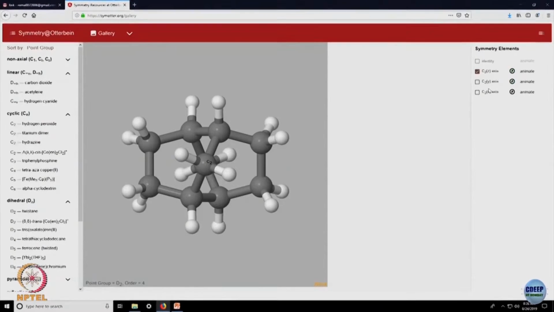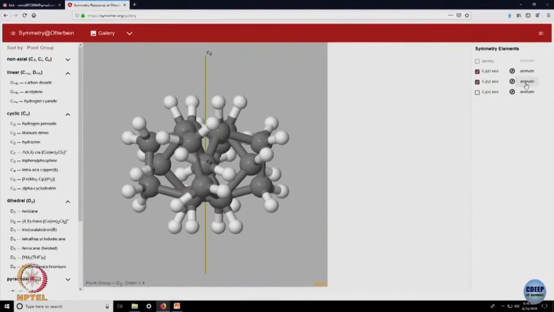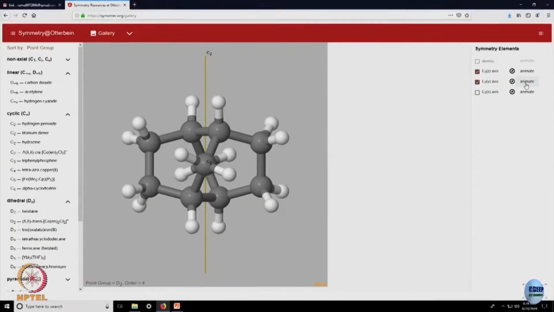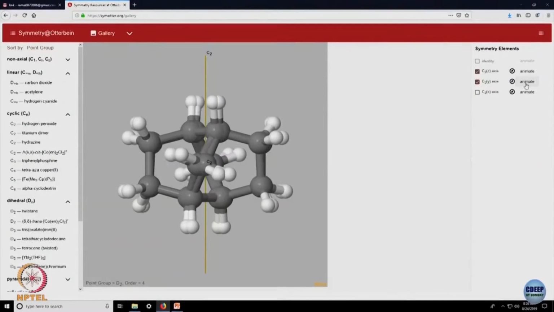So you can see the mirror reflection, for example, along the, sorry, this is C2 along the y axis. Okay. So C2 along the y axis is left right symmetry, it goes, can you see it? It is the left right symmetry.